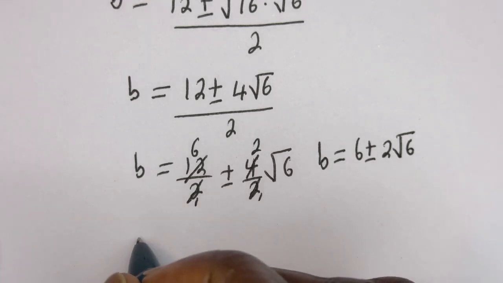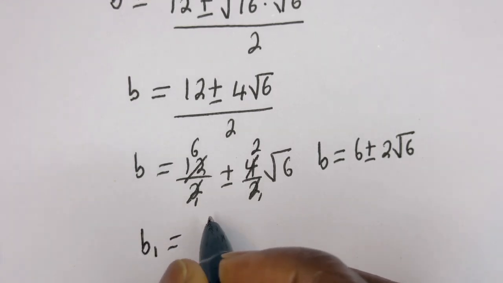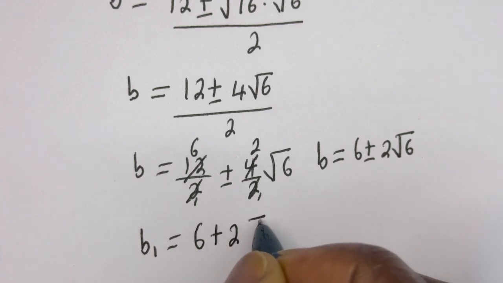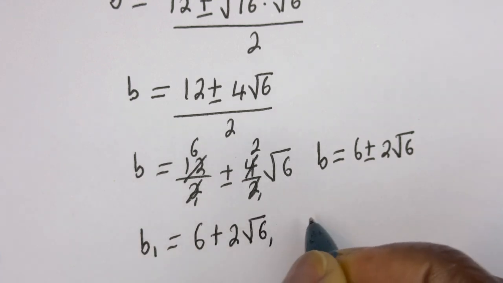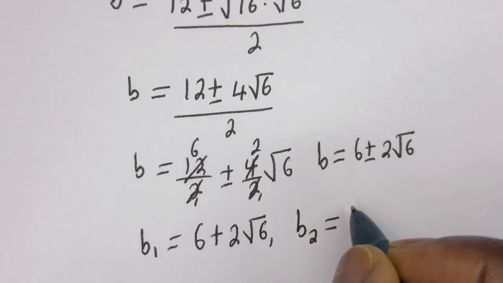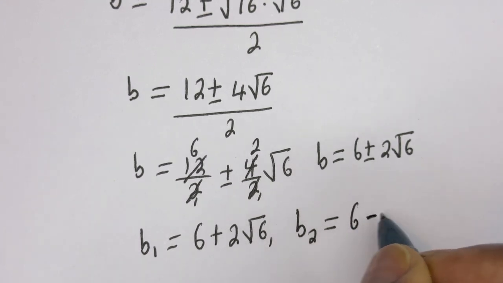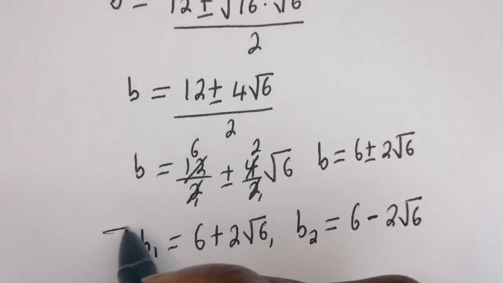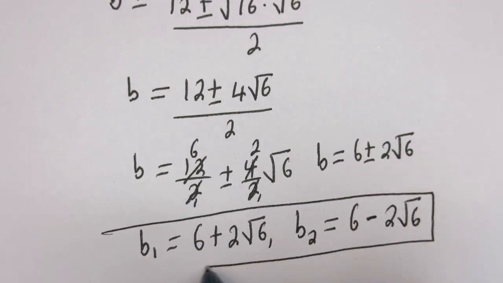Therefore, b1 is equal to 6 plus 2 root 6, and b2 is equal to 6 minus 2 root 6. These are the values of b.